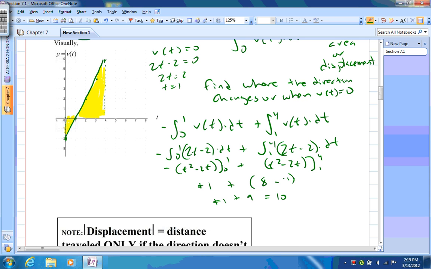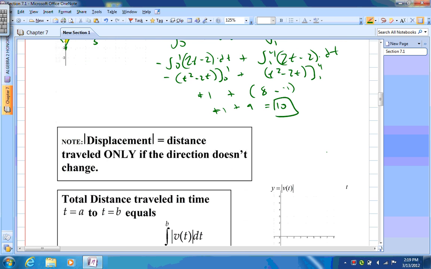And that makes sense because if you think about it, that's a base of 3 and a height of 6, so that area is 9. Height of 2, base of 1, that area is 1. 1 plus 9 should get us 10. If we had used a definite integral from 0 to 4 of 2t minus 2, then we would have had 8 as our answer, which we don't want. So the total distance traveled is actually going to be 10.